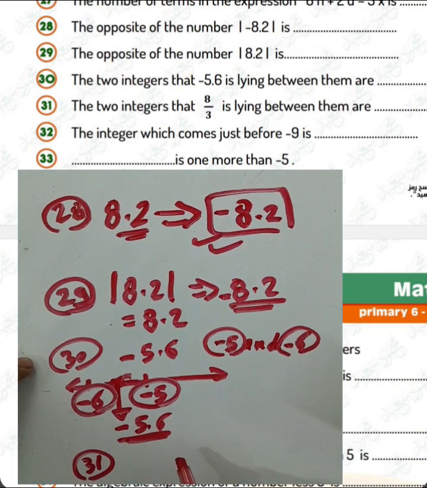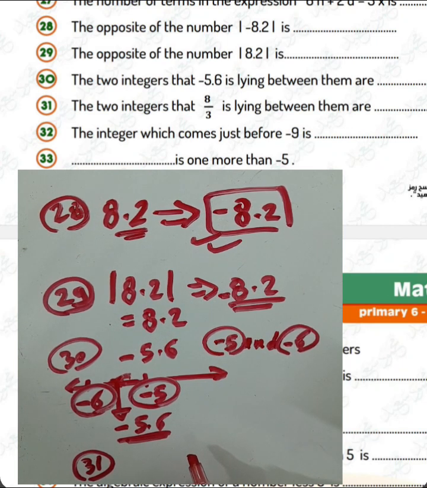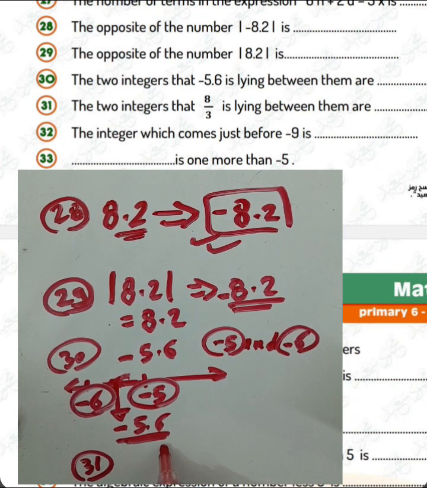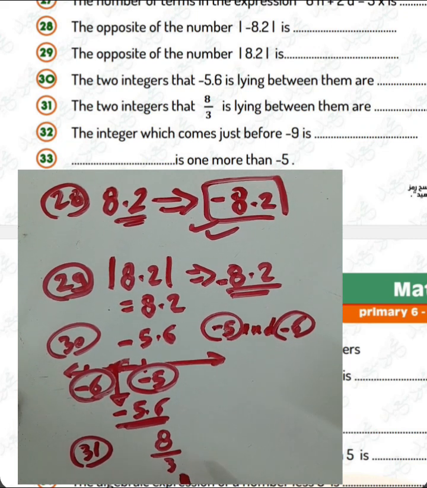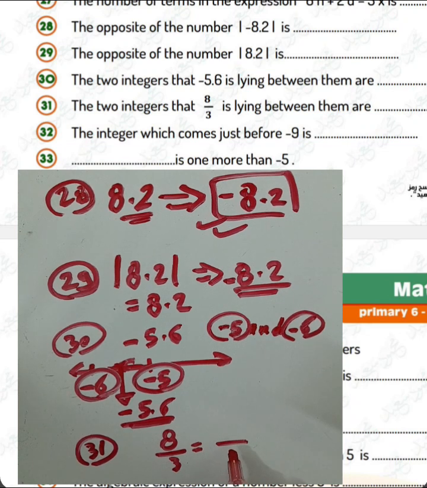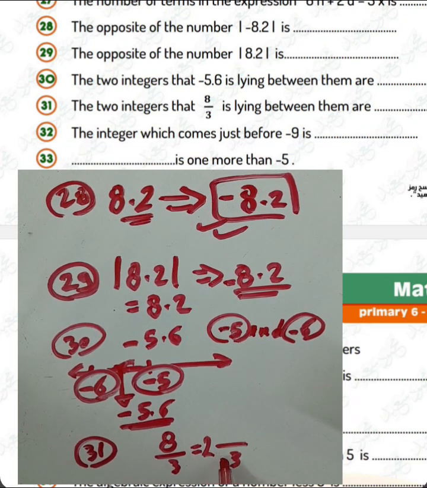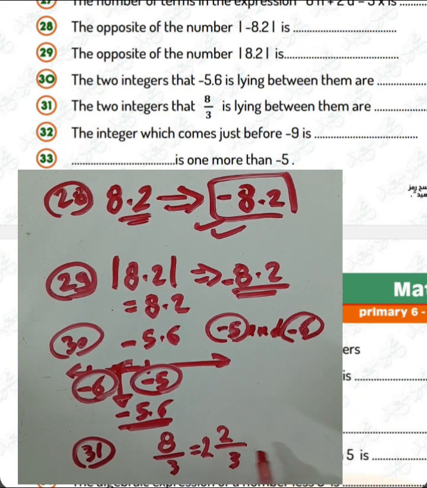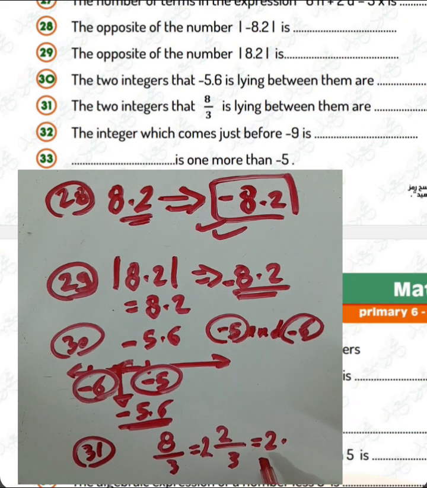Question 31. The two integers that 8 over 3 is lying between them are, we know 8 over 3, we can convert 8 over 3 to a mixed number. It's improper. Write 3 in the denominator, 3 times 2 equals 6, and the remainder 2. Then 2 and 2 over 3, we can convert it to decimal numbers. It will be 2.666, or we can write 2.6 with a bar.